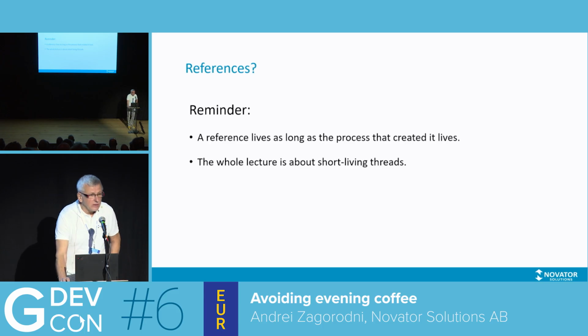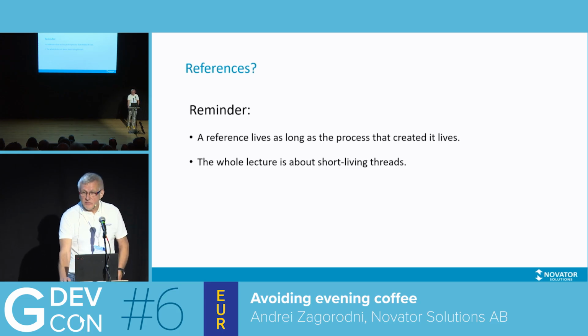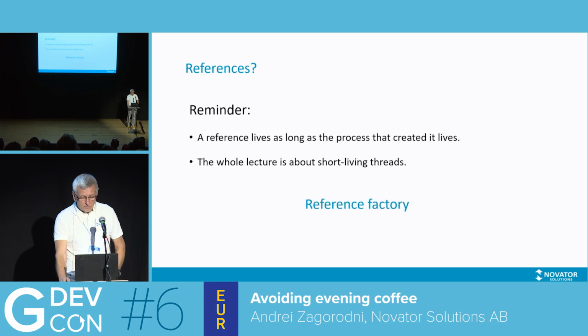Reminder, when we do initialization, we very often create references. But a reference lives as long as the creating process lives. And we speak about very short executions. I use a reference factory.